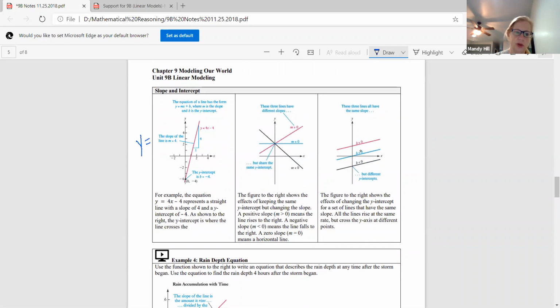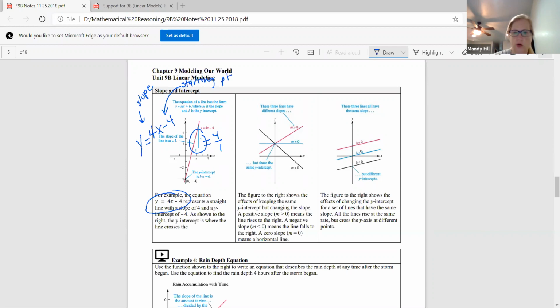Okay, so when we're looking at these lines right here, the equation, y equals 4x minus 4, is the equation for this line. The number that is in front of the x is the slope, or your rate of change. And you can see here that they've calculated the slope. The rise over run was 4 over 1, so it was 4. This number that's not in front of the x is your starting point, or your y-intercept.